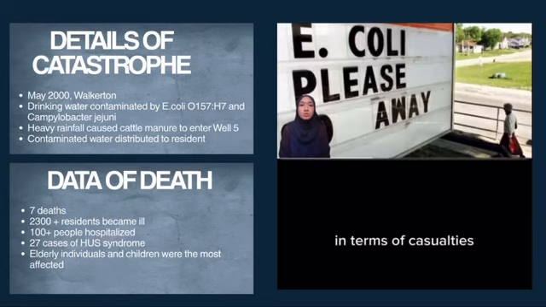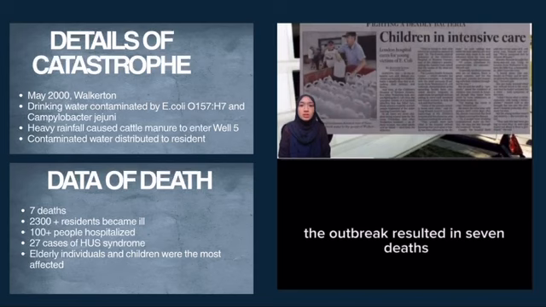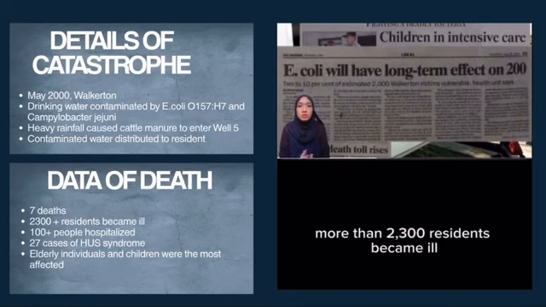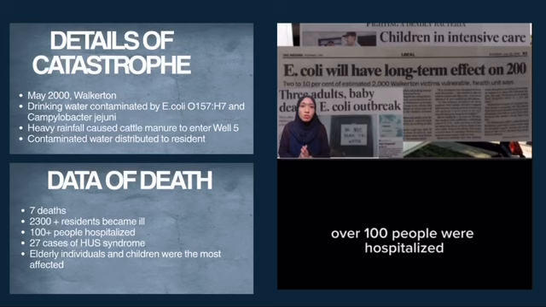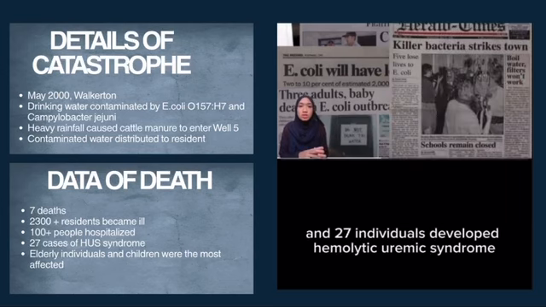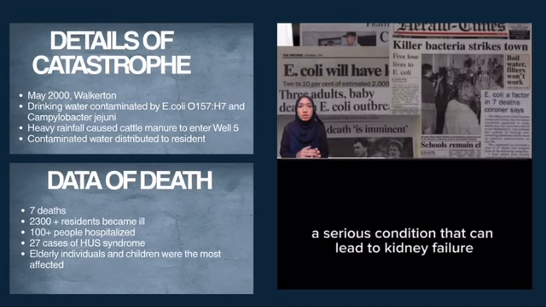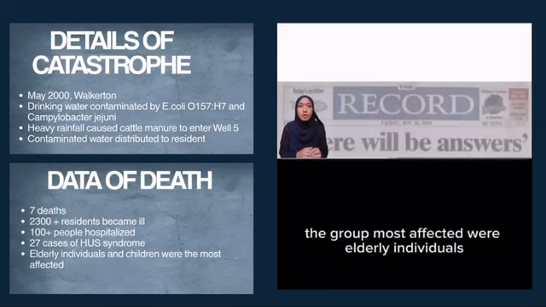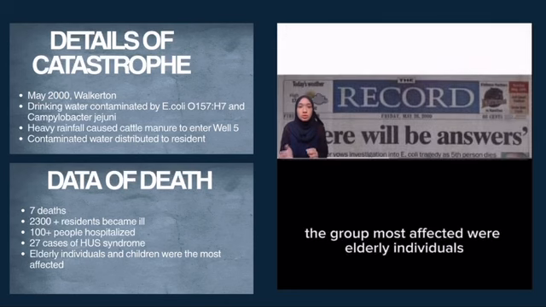In terms of casualties, the outbreak resulted in 7 deaths. More than 2,300 residents became ill. Over 100 people were hospitalized and 27 individuals developed hemolytic uremic syndrome, a serious condition that can lead to kidney failure. The groups most affected were elderly individuals and children.